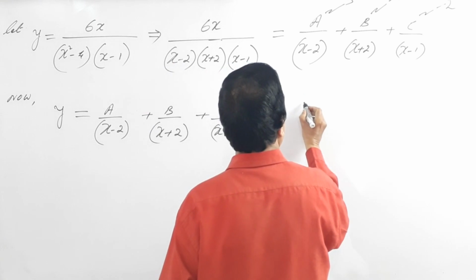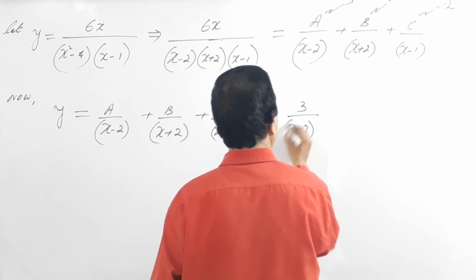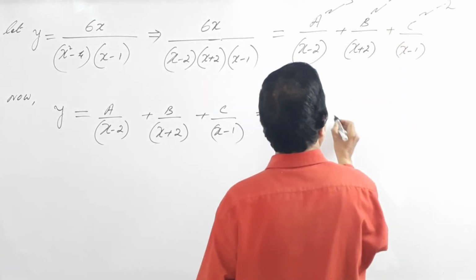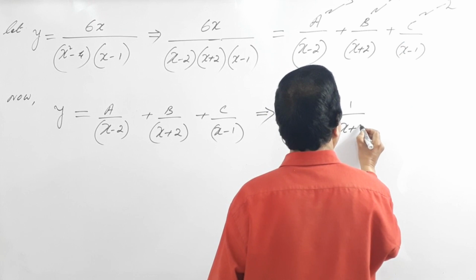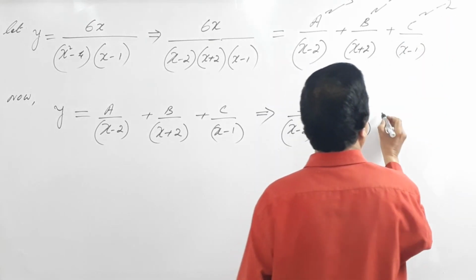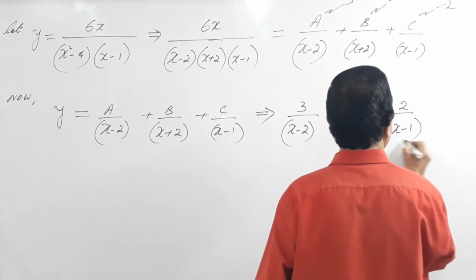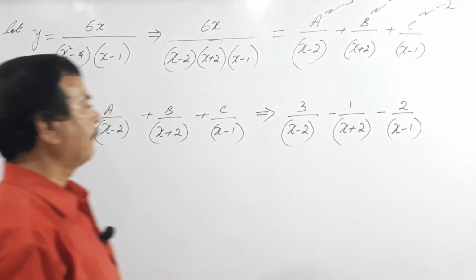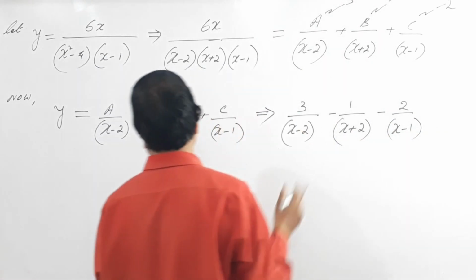What is the value of A? 3 by x minus 2. So minus 1 by x plus 2, and c is minus 2, so minus 2 by x minus 1. So I'll use the bracket here. Okay, next I will write.